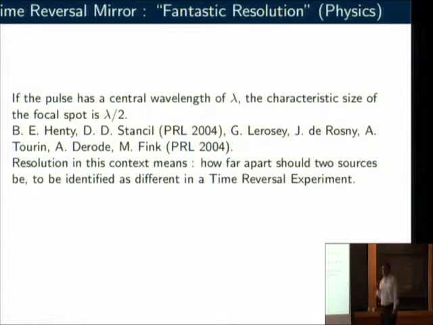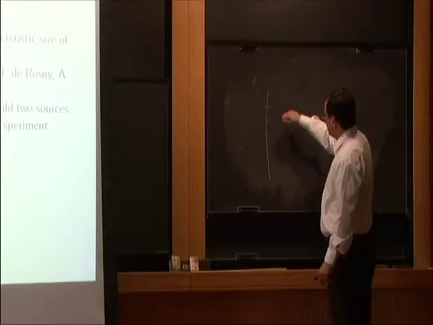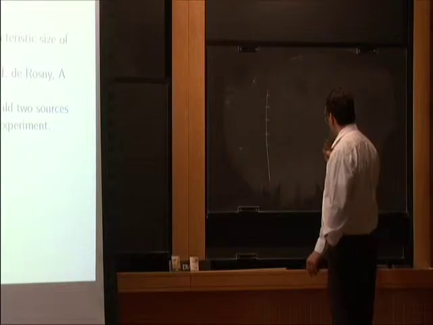So what does resolution mean? It means how far apart two sources should be to be identified as different in a time reversal experiment. If you have an array of scatterers here, and you refocus your wave, it will have a certain size.